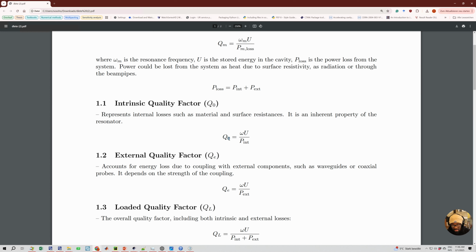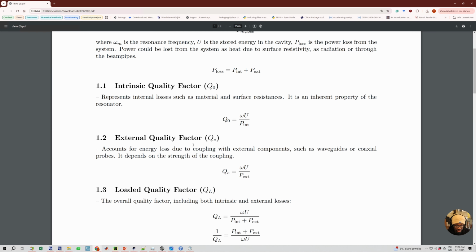It is given as the frequency of the particular mode multiplied by the energy stored in that mode, divided by the losses through the surface of the system. I've dropped the subscript M just for convenience, but always note that this is on a per mode basis.